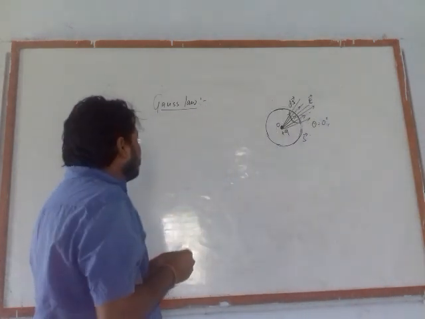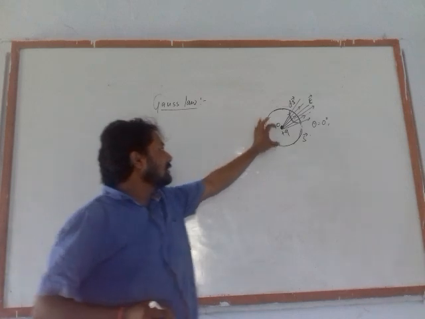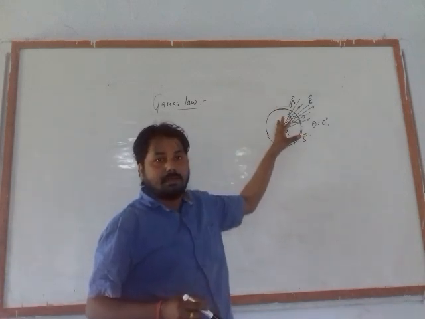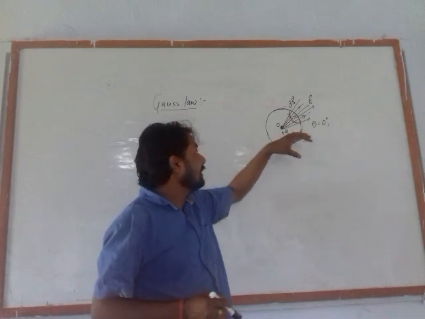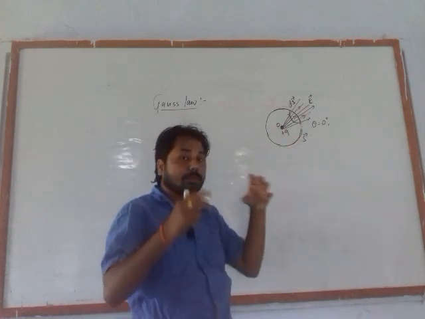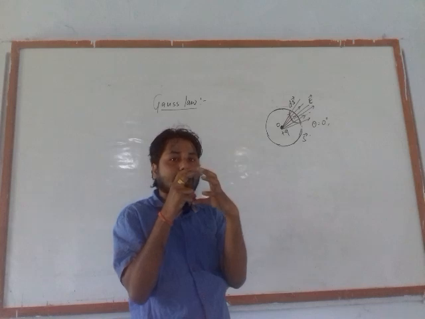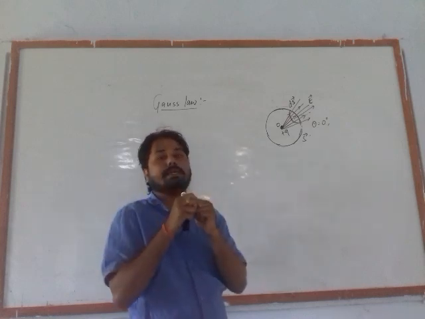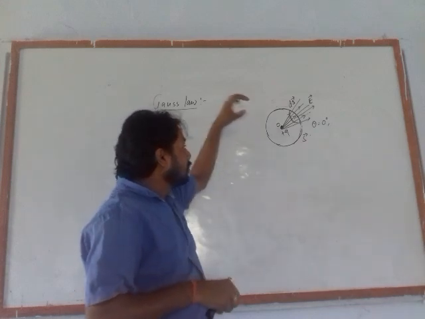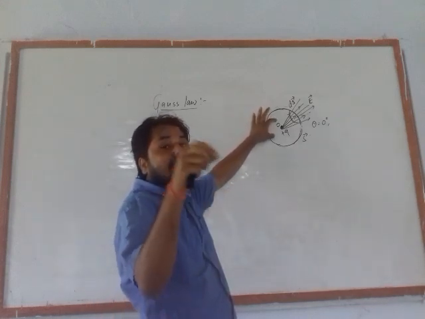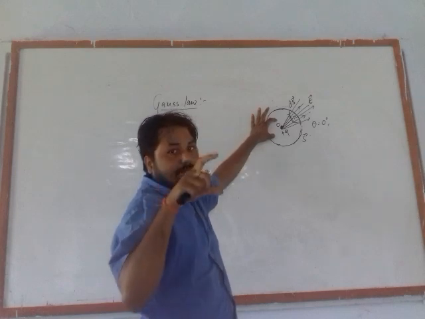So what Gauss was suggesting: if a charge is enclosed by any surface, be careful, the charge should be enclosed, surrounded by the area, then the flux will be equal to 1 by epsilon naught times the total charge placed at that point.